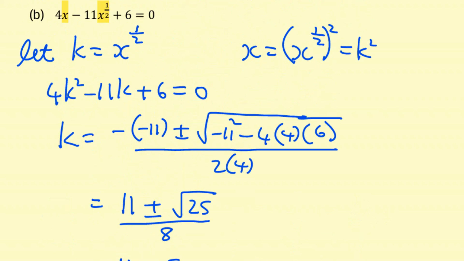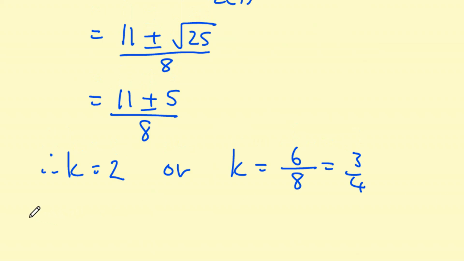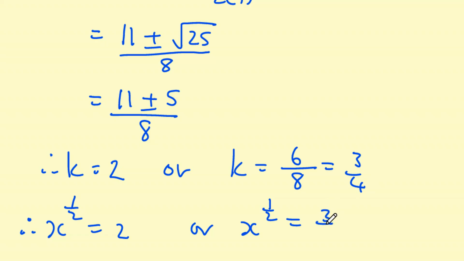Now we can bring back our x's. Remember, k is equal to x to the power of a half. So then that means that x to the power of a half equals 2 here, or x to the power of a half equals 3/4.